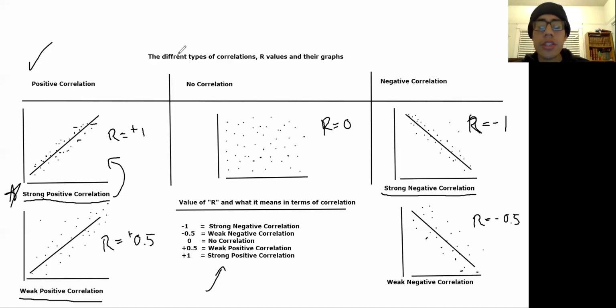There's a strong negative correlation when it comes to the temperature dropping. So if the temperature drops, ice cream sales also drop, and a strong negative correlation would suggest that it happens a lot, that it happens all the time.